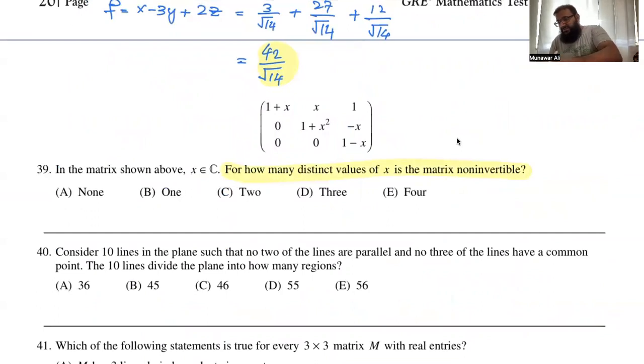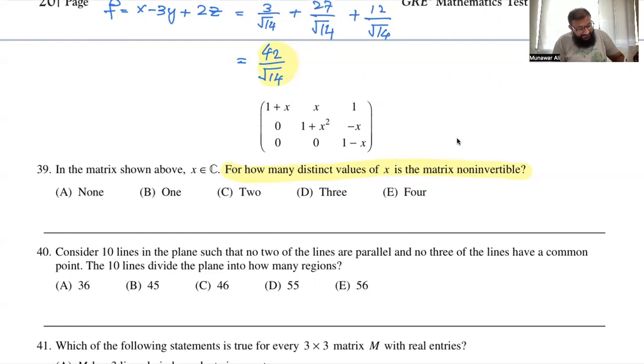So let me check one thing. Okay. So we have to find out what's going to be the determinant of this matrix.